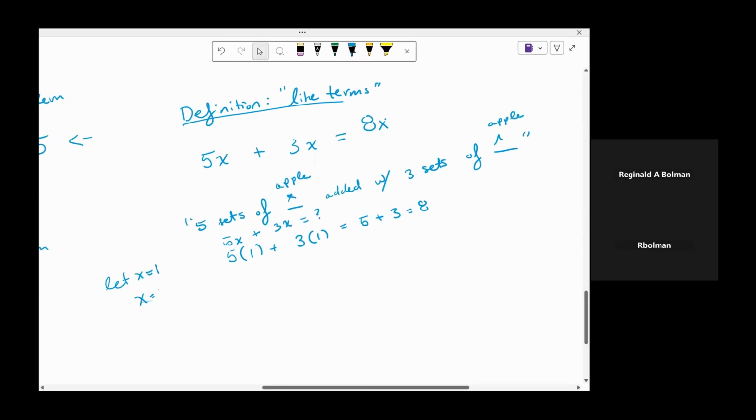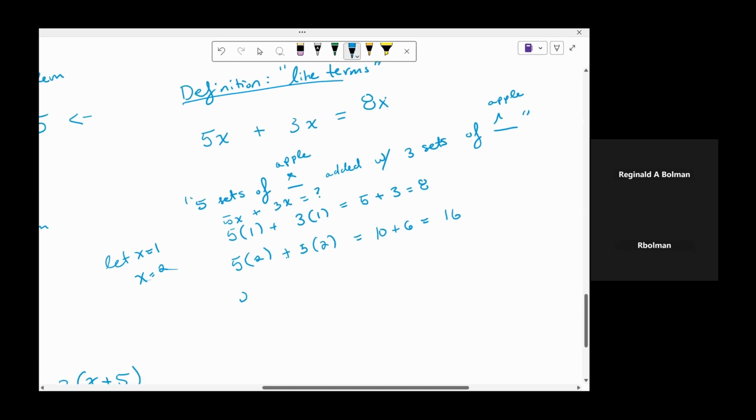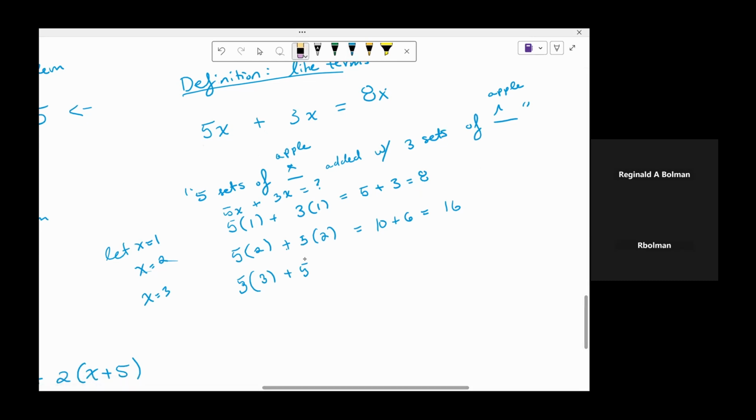If we let x equal 2, you've got 5 times 2 plus 3 times 2. Well, 5 times 2 is 10, 3 times 2 is 6. It's 10 plus 6, which is 16. And if you let x be 3, you'd have 5 times 3 plus 3 times 3.